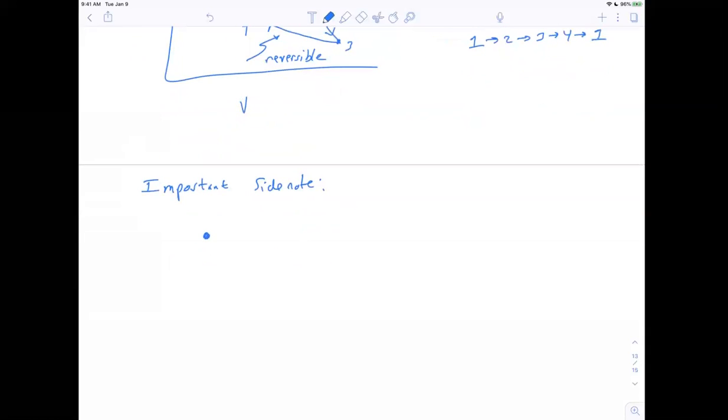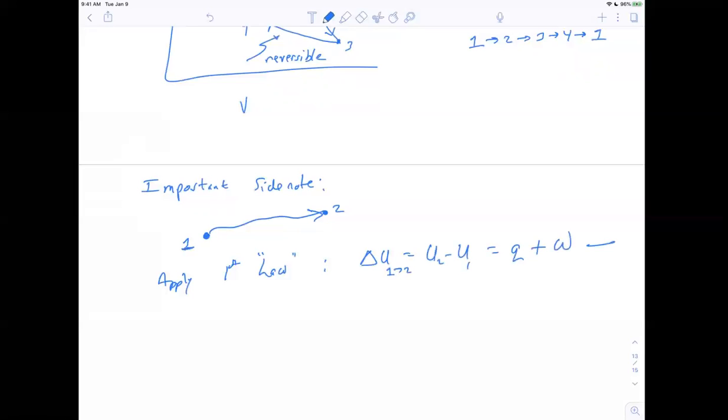So let's just say that we go from state 1 to state 2 in some process. So we can apply the first law. And so delta U, to go from 1 to 2, is equal to U2 minus U1, and that's going to equal Q plus W. So this is the integrated form. We're going to look at delta U's. So this is our governing expression.